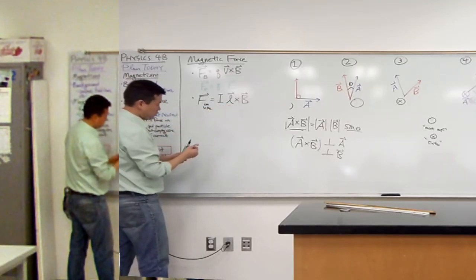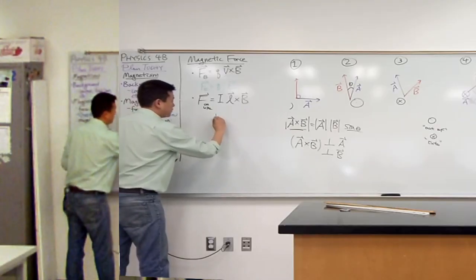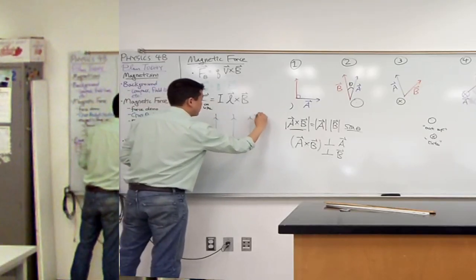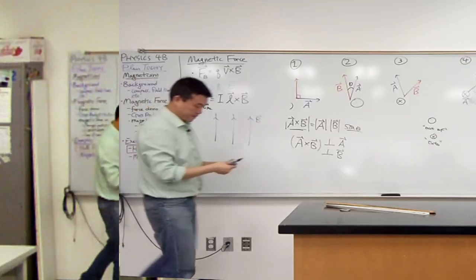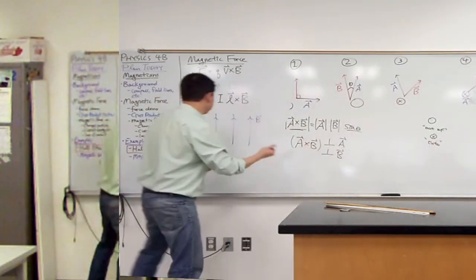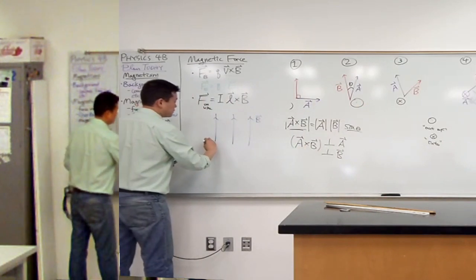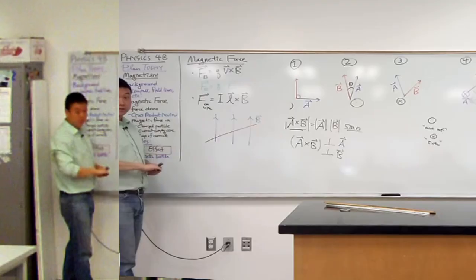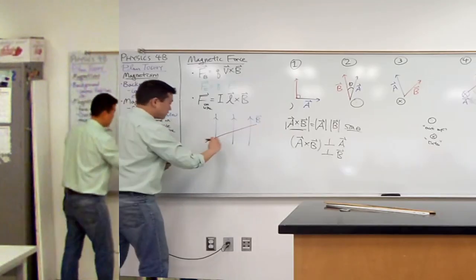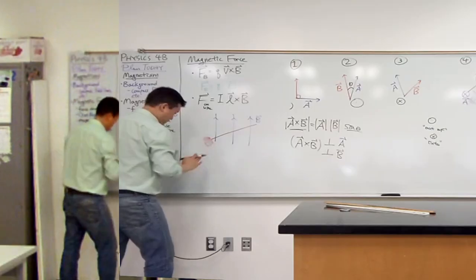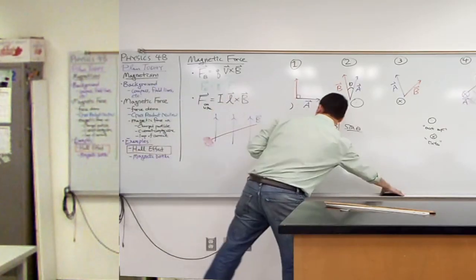So let's say you have magnetic field pointing upward like last time. And let's say I have a current carrying wire which is placed in this space, going this way. Then the vector L is related to the length of the wire, obviously.